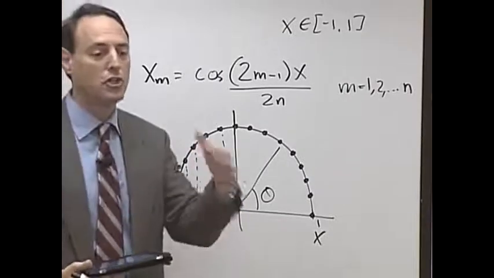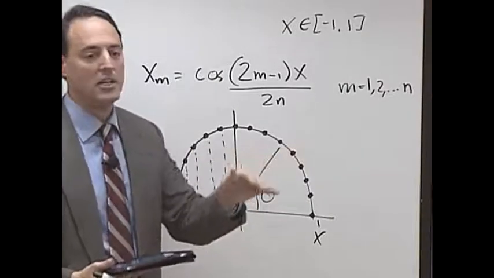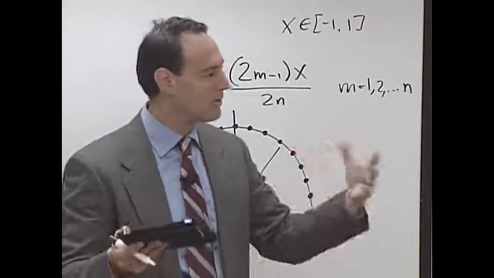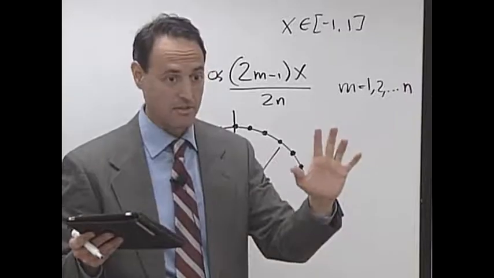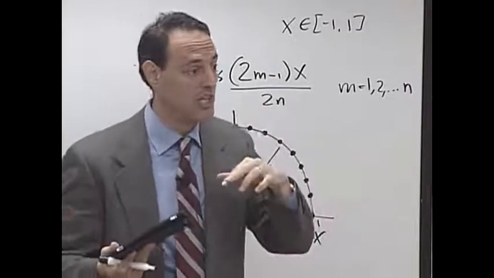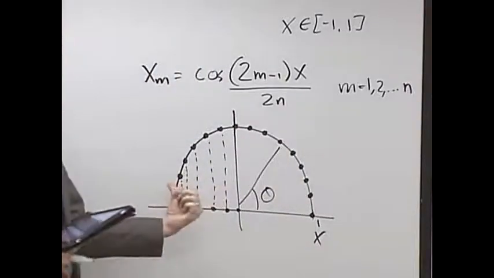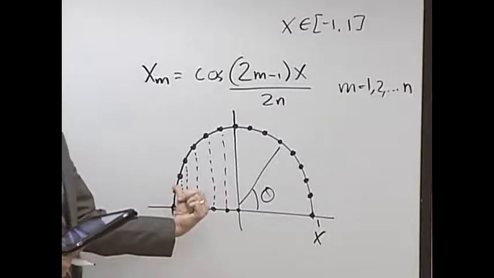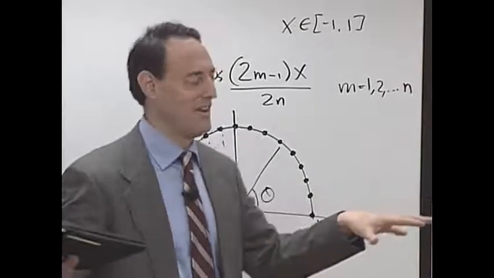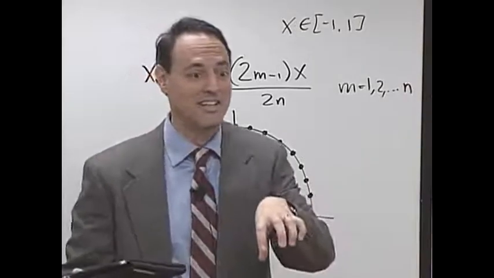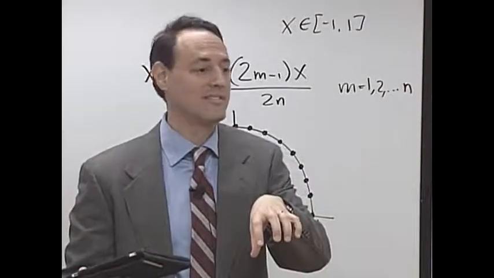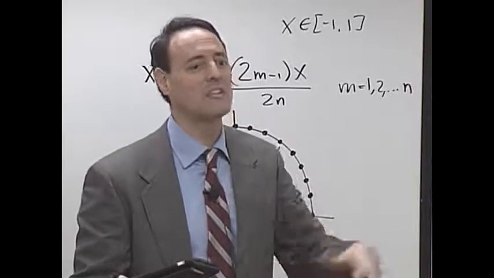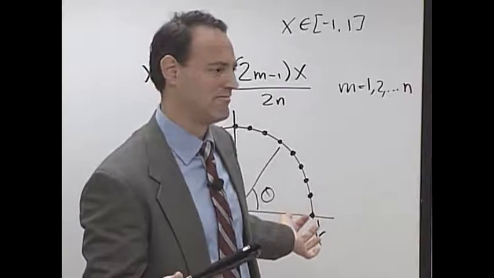Now, here's the good news and the bad news all together. The good news is the following. Suppose you have a problem where the boundaries are playing an important role in the dynamics. In other words, stuff is happening at the boundary. You automatically get more resolution on the boundary with Chebychev. Here's the bad news. Suppose nothing's really going on in the boundary, everything's happening in the middle. Then that means you have to increase your resolution a lot in the middle, which means you're having a ton of points on the edges.